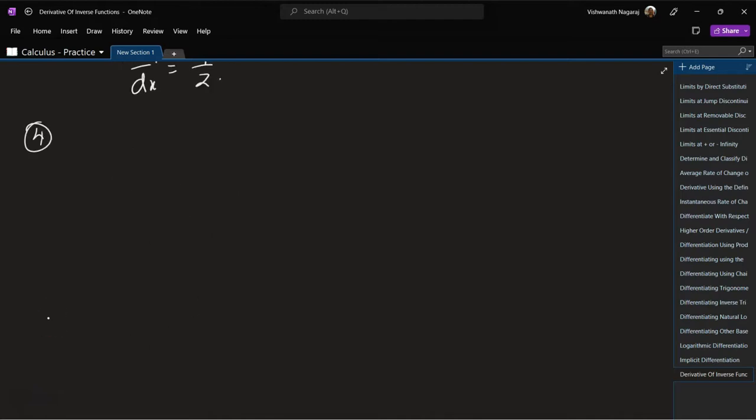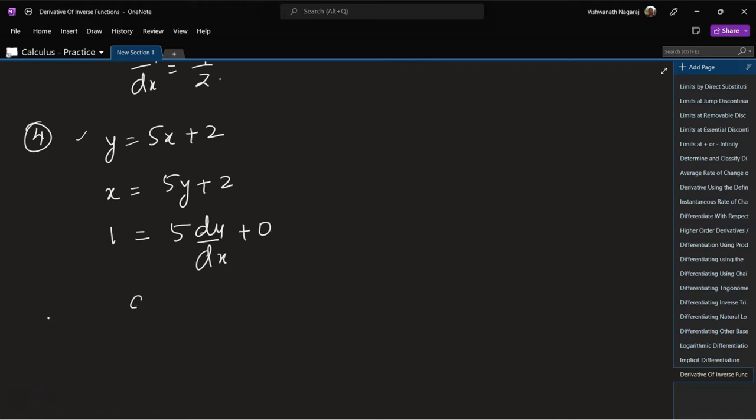Now, fourth one. y is equal to 5x plus 2. So x is equal to 5y plus 2 is the inverse of this. Now differentiate. 1 is equal to 5 dy by dx plus 0. So dy by dx is equal to 1 by 5.